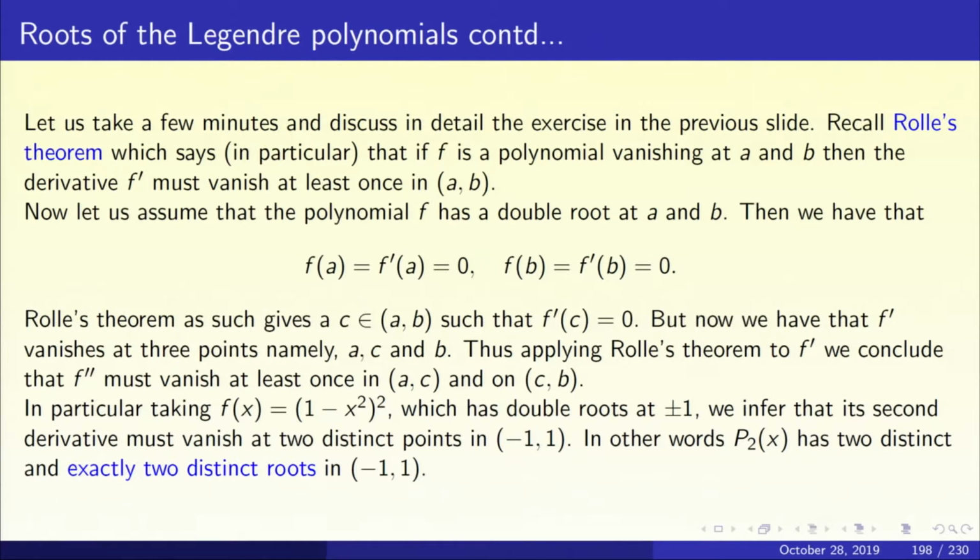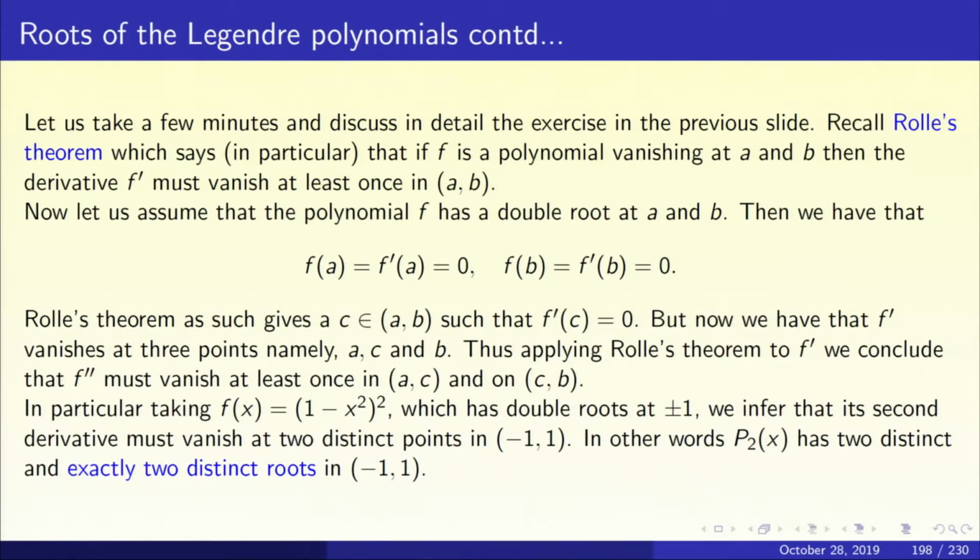So, now let us apply Rolle's theorem, and we know that there is a c in the open interval (a, b) such that f'(c) is 0. But now we have that f', the derivative, vanishes at 3 points, namely at a, c and b.